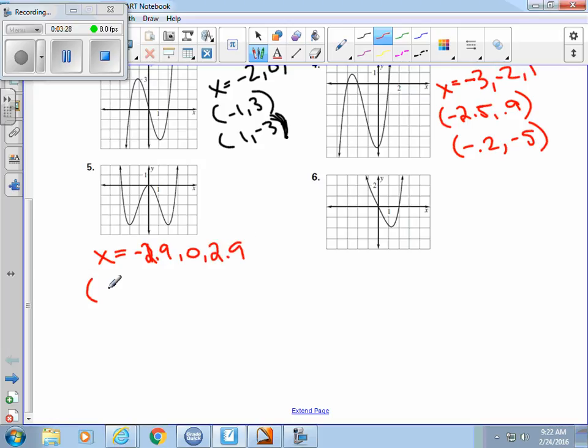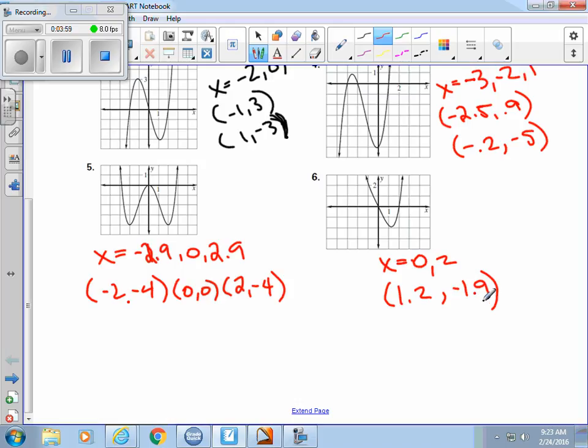And the turning points, -2, -4, 0, 0, and 2, -4. 0 and 2, turning point at 1.2, maybe 3, -1.9. Okay, so it's where it turns around, which would be at a maximum or a minimum.